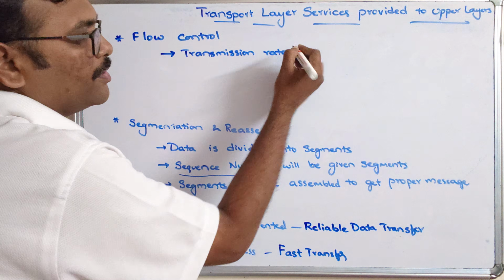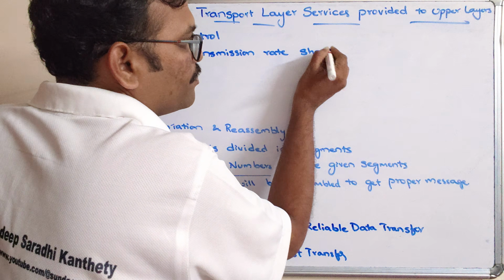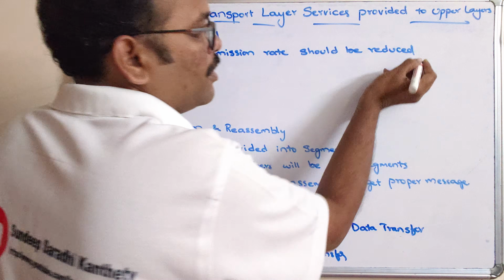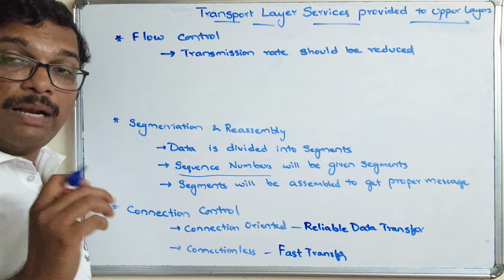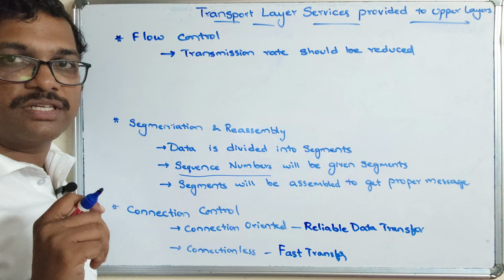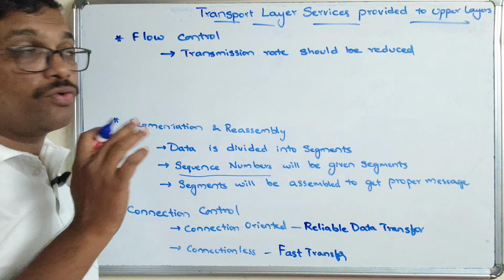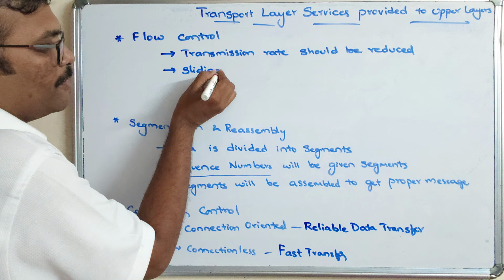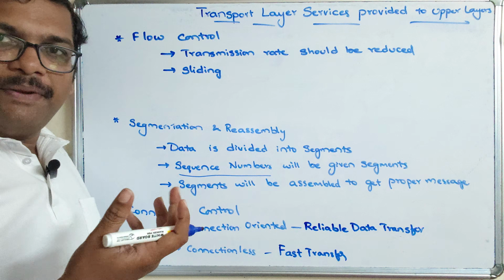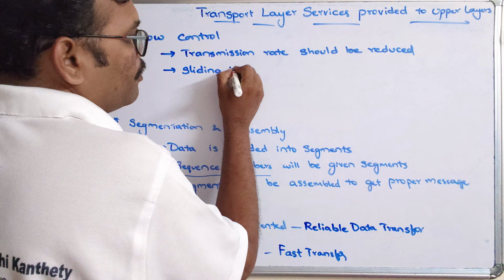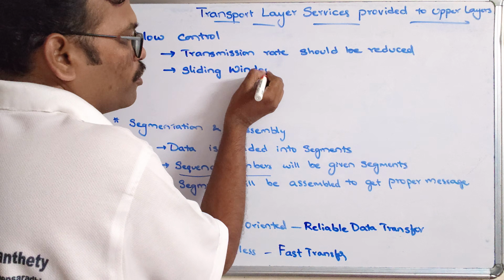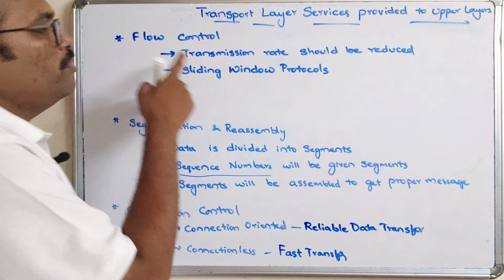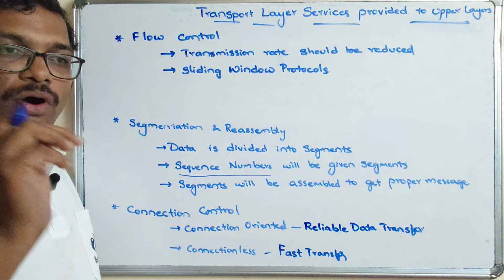This will be done with the help of sliding window protocols. Already we have seen in flow control, we use sliding window, go back N, selective repeat, such kinds of protocols. These sliding window protocols will be used to control the flow of data.